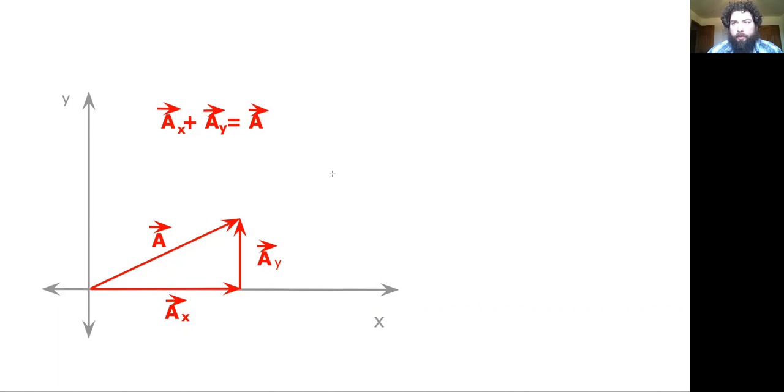Now suppose we're given the vector A here, and we need to find AX or AY. We know that this angle from trigonometry, that angle there, is going to be theta.